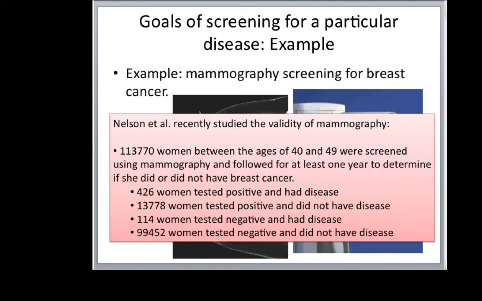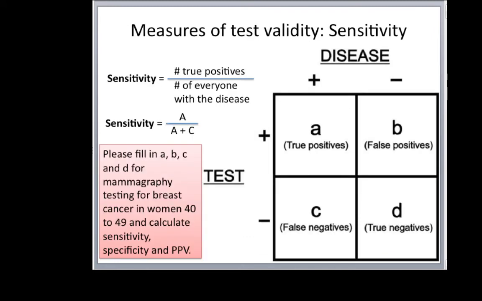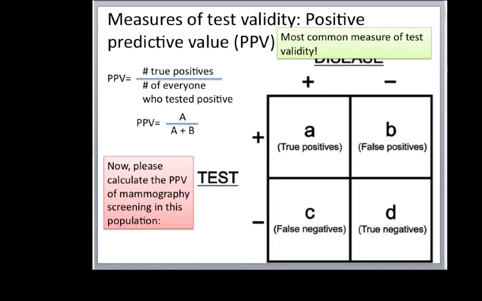Be able to take data like this and fill out a table of true positives, false negatives, and true negatives, and use that data to calculate sensitivity, specificity, and positive predictive values. I have those outlined.